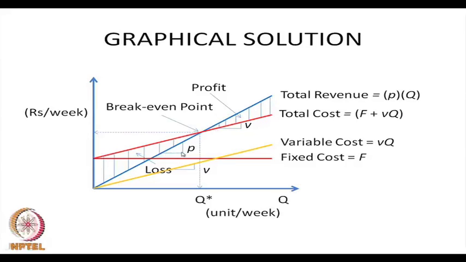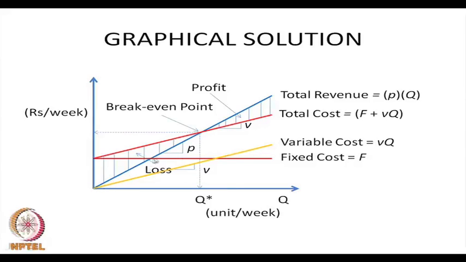Its slope is P. As I said, for a feasible solution, P has to be greater than V. So, it has to be steeper than V, which it is in this case, and the total revenue is P into Q. Therefore, this line passes through the origin and is steeper than the variable cost line.